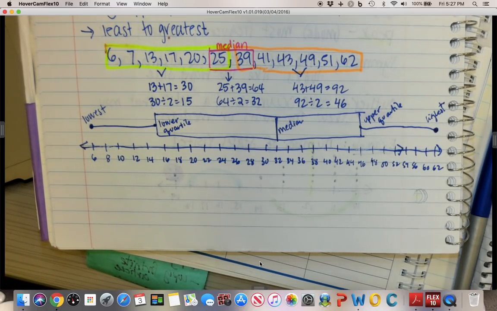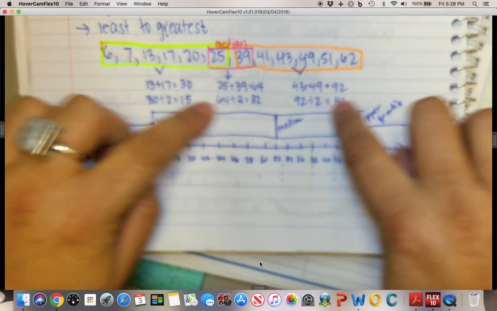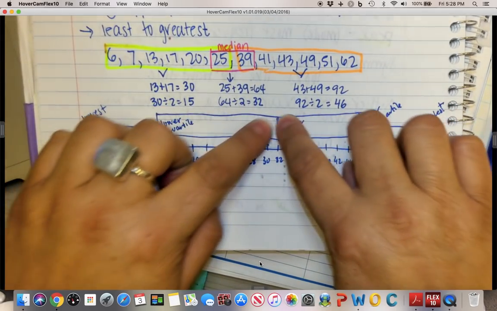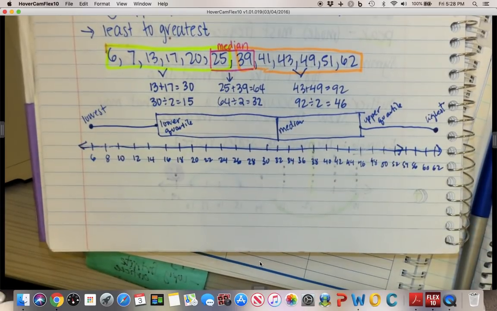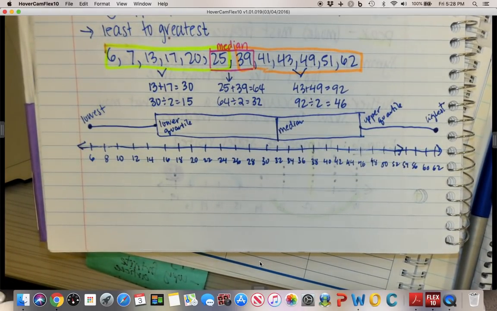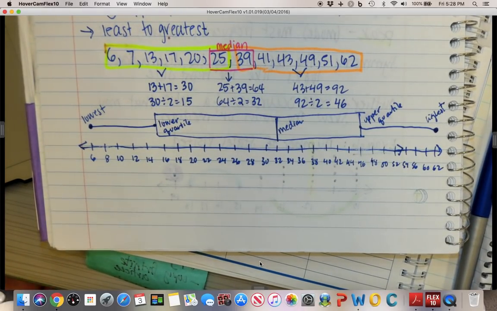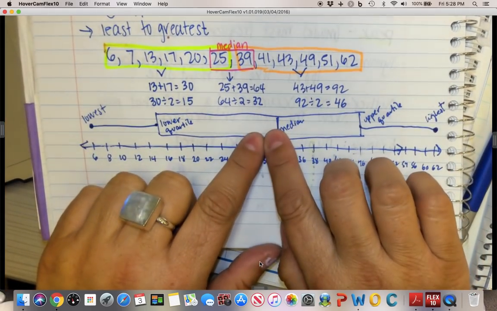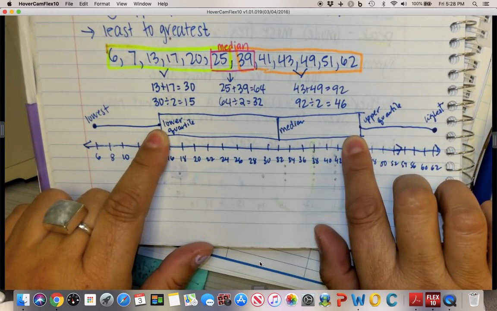What this is telling you is that the majority of the data is in this box. We're not going to do anything about averages. We just know that a majority of the data is between here.